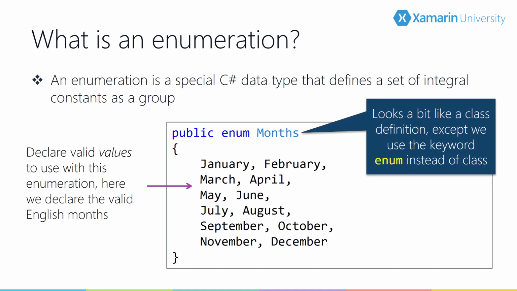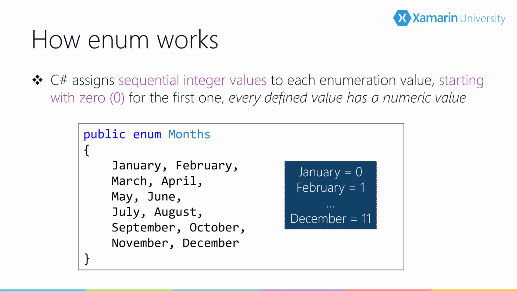So this is a little bit interesting. Now, one thing you need to understand is that an enum defines a group of integral constants. So they're all integral based, like numbers. Behind the scenes, there's actually something special going on. Each month here is assigned an integral value. You can see January is defined as 0, February is defined as 1, and it goes all the way to December, which is defined as 11.